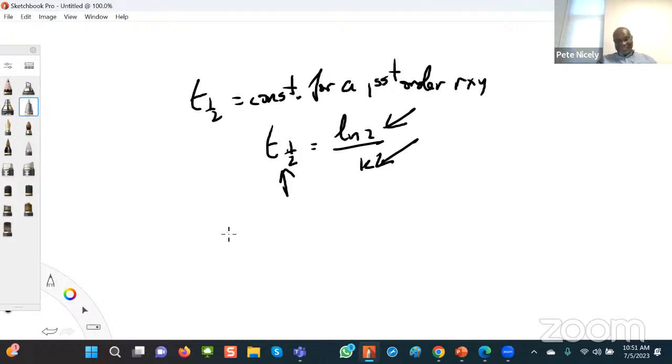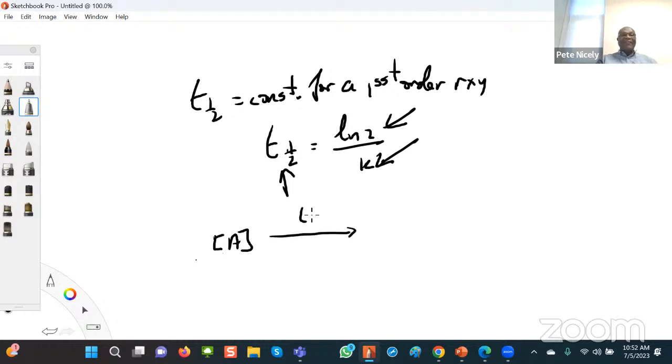And therefore, sometimes it is very easy to determine how much of a substance remains after a certain number of half-lives passing by. So let's say you have a reactant A and the concentration of A is that value, whatever that value is.